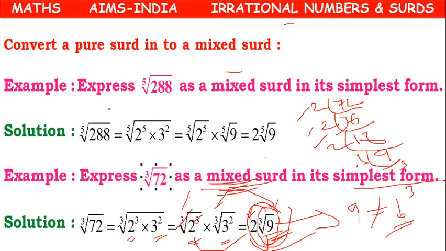How to convert into a mixed surd? We have to write its factors, so that for one factor, the root and power get cancelled. One factor will come outside, so the multiple becomes other than 1, and it becomes a mixed surd.